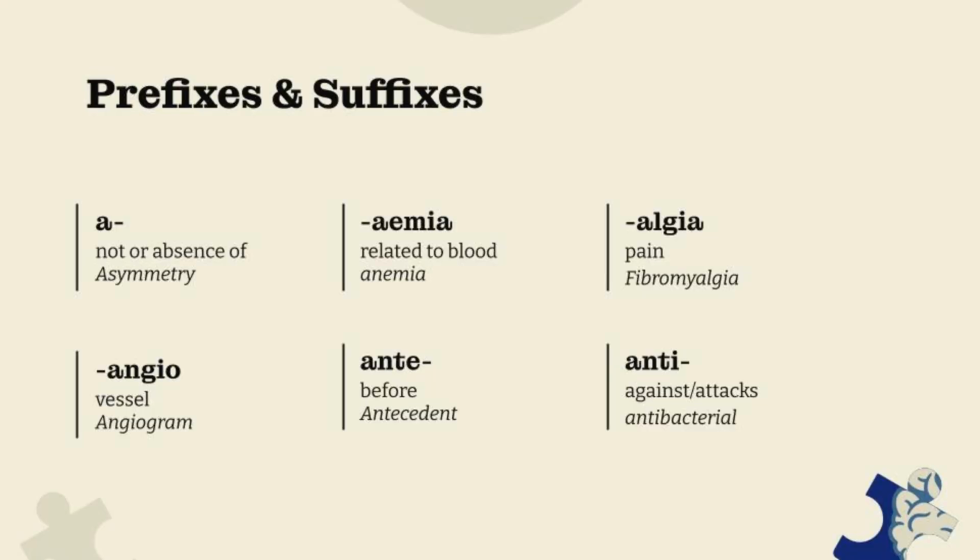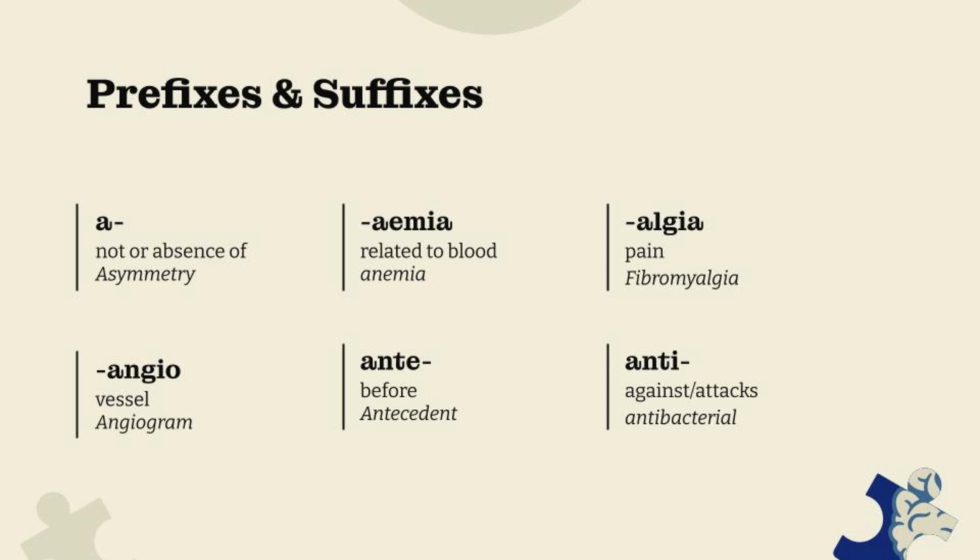So start off with A, not or absence of, such as asymmetry, not symmetrical. Emia, related to blood. For example, anemia, which is a lack of blood. Algia, which is pain. For example, fibromyalgia, which is widespread pain in the body.